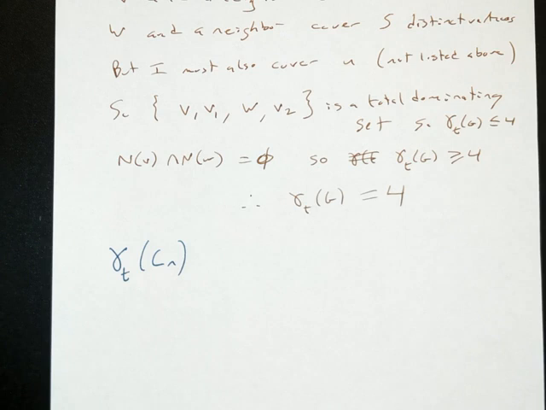So let's think about a cycle. A cycle of length n is a 2-regular graph. You pick any vertex, it's got a neighborhood of size 2. But the vertex doesn't cover itself. So I, as a vertex, cover the person to my right and the person to my left.